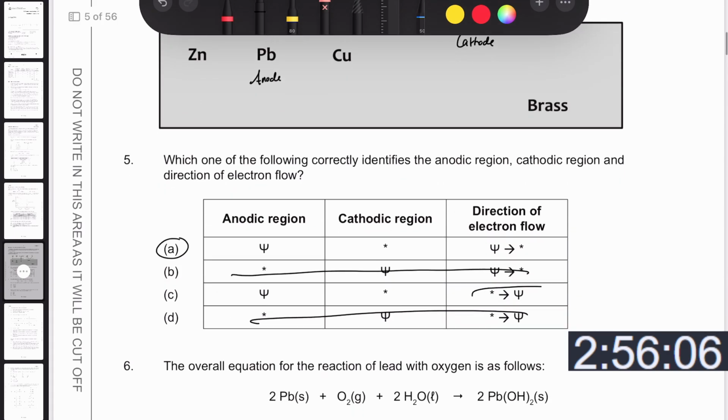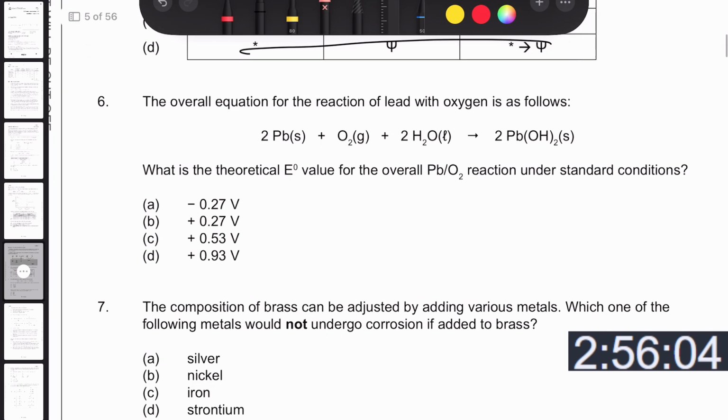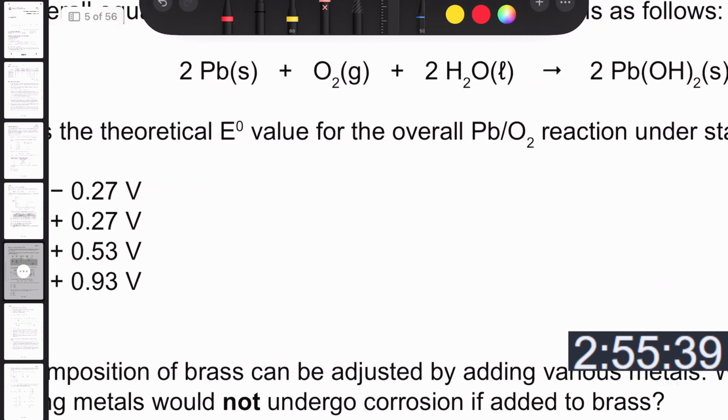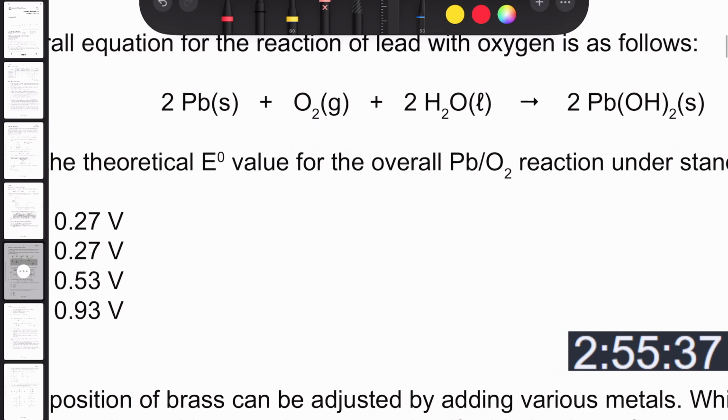So yes. Not that. For the overall equation of lead, what is the theoretical E naught of the overall PbO2 under standard conditions? So PbS is negative, so O2, CO2 gas plus H2O. 0.4. I'm looking at the right one.